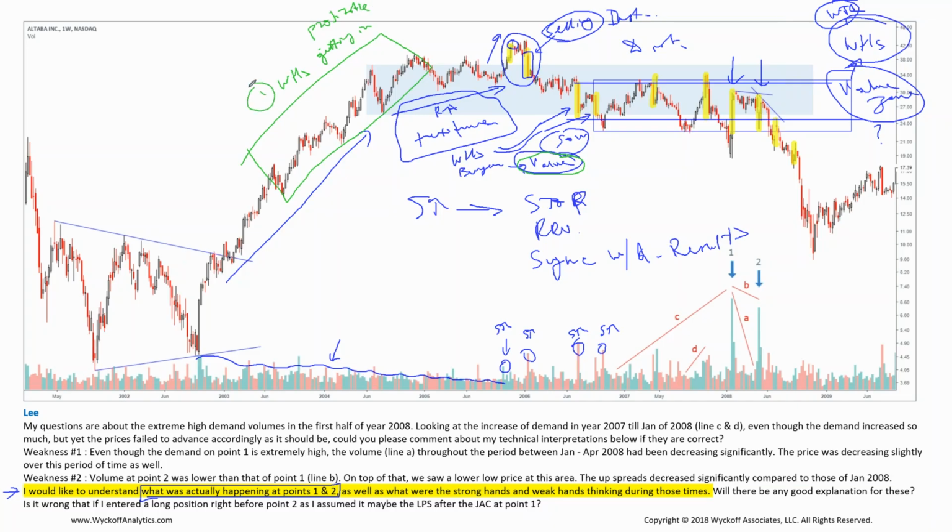And then this is going to be the first group of weak hands. The second group of weak hands is going to be someone who maybe sold this stock and did not participate. That's number one. Secondly, maybe sold the stock, did not participate, but then got out.